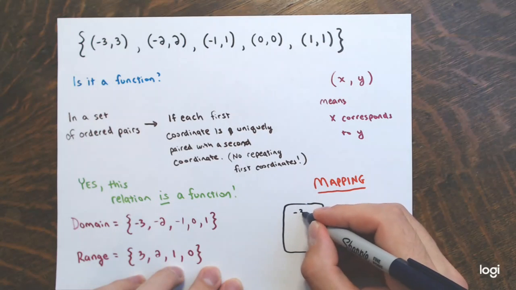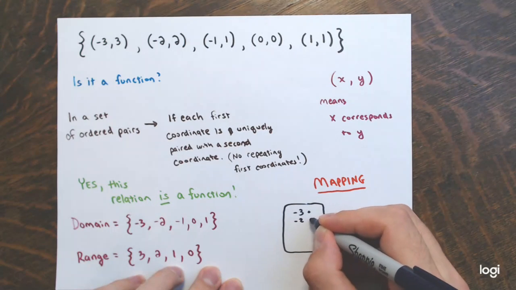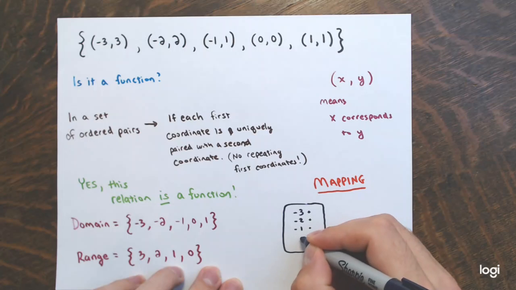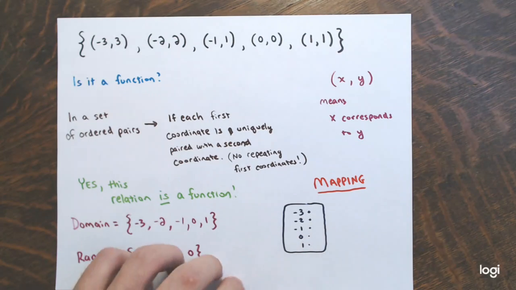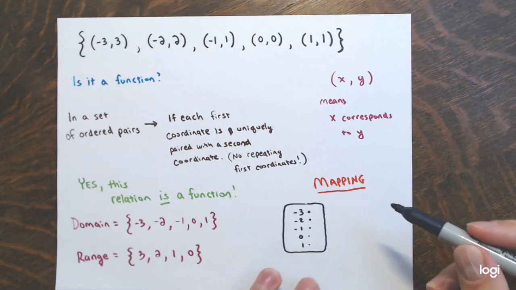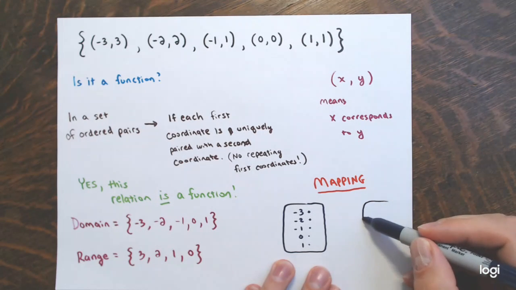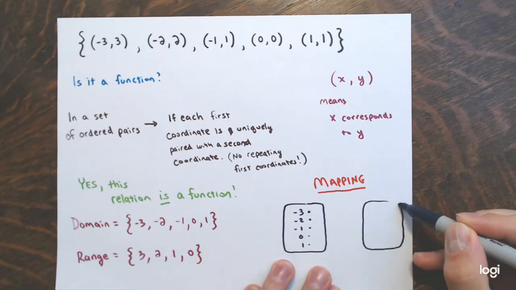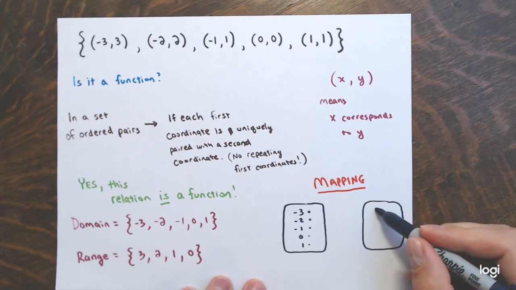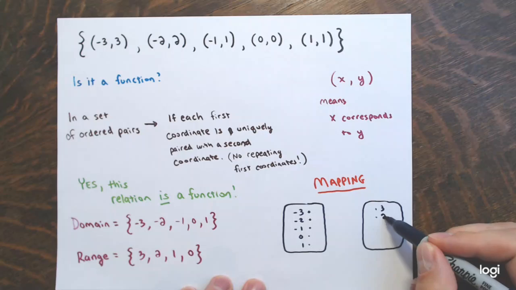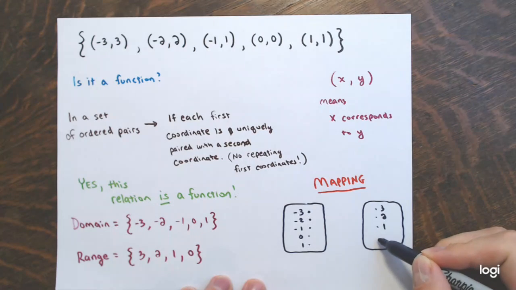Negative 3 is there, negative 2 is there, negative 1, 0, and 1. Again, I like to put little dots so I can see where the arrows are coming from. And then a box over here for all the elements of the second set, all the second coordinates. Got 3, got 2, got 1, and got 0.